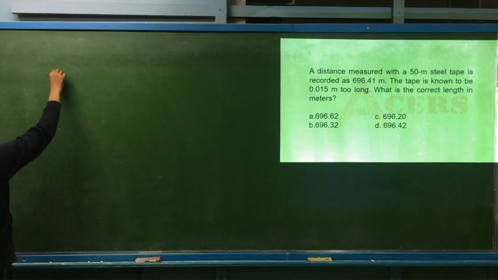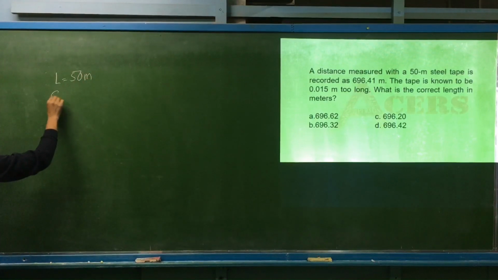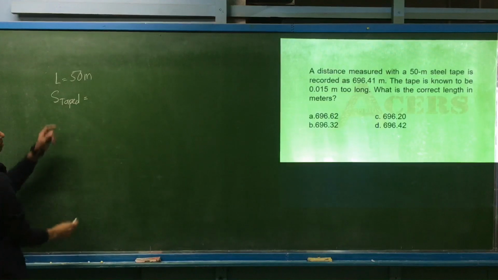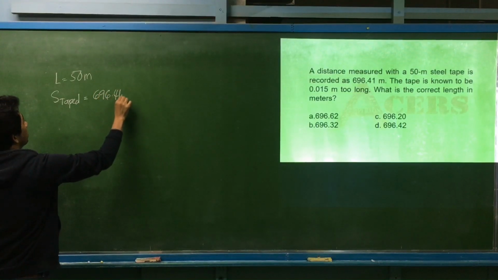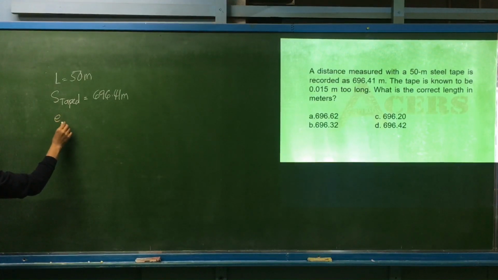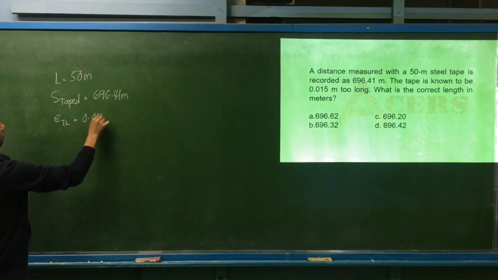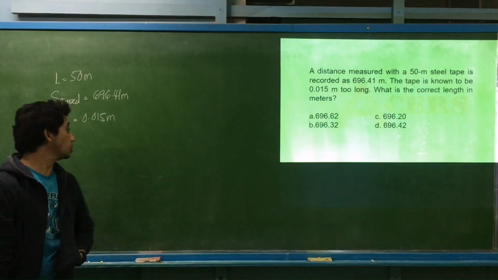So we have the given: the length of the tape used is equal to 50 meters, the S tape or S measured is 696.41 meters, and the error due to the tape being too long is 0.015 meter. We are looking for the correct distance.